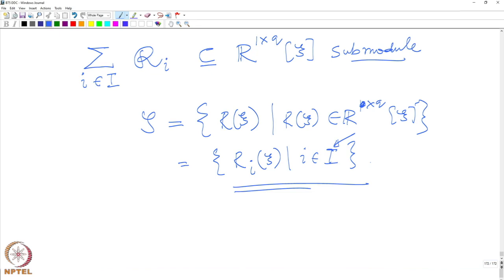So this is the question that we are asking: is this a submodule? The fact that it is a submodule will immediately follow, and then a very special property of the polynomial ring and the finitely generated modules of a polynomial ring, namely the property of Noetherianness, will guarantee that I will always have a polynomial matrix which will give me the intersection of the behaviors. This and more consequences of this is what we will see in the next lecture. Till then, take care.